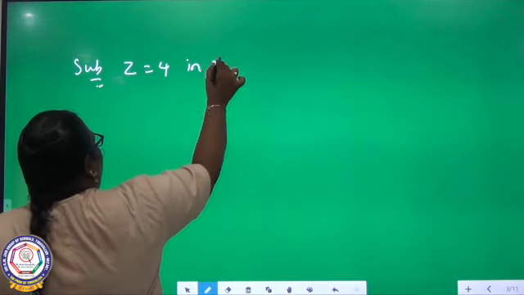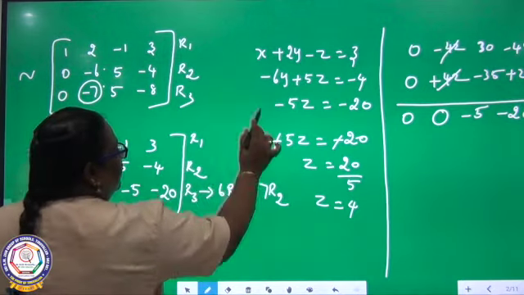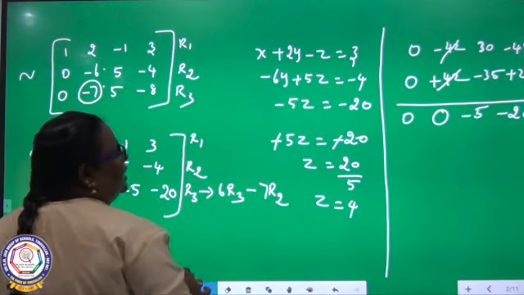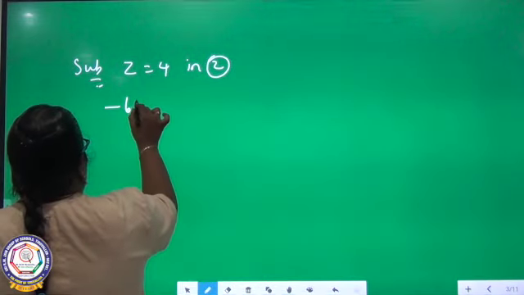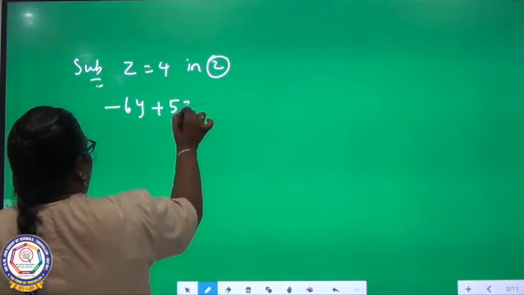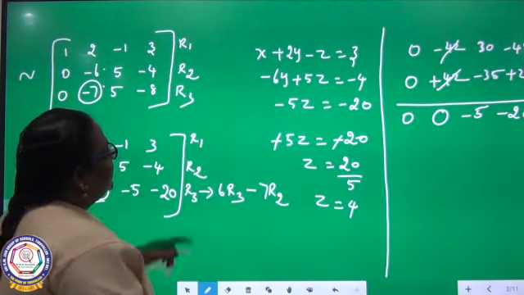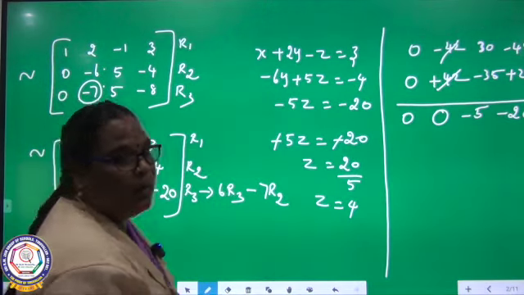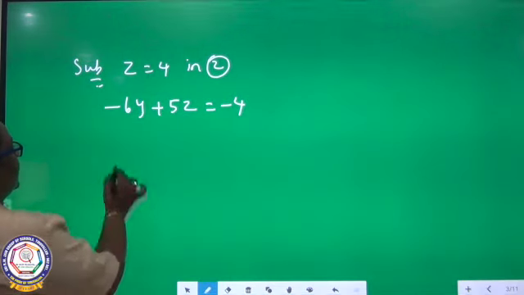So substitute z equal to 4 in the second equation. We can see the second equation here: minus 6y plus 5z equal to minus 4. I will check it once again. So substitute z equal to 4.